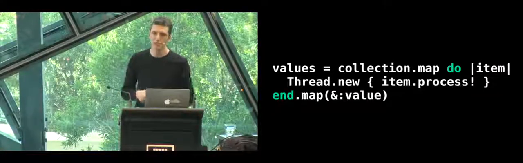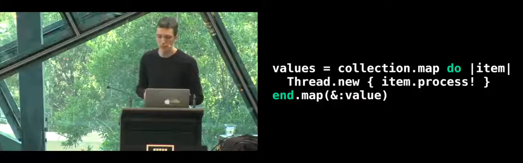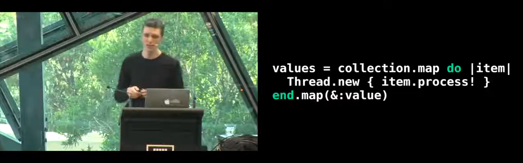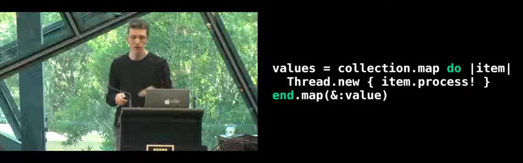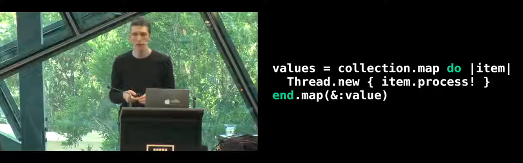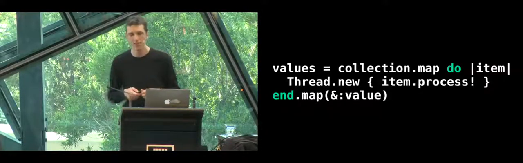And the fact that you even have to know what an OS thread or a green thread or whatever is bad. Basically all you should have to do is say something like, take this code, item.process, and parallelize it. And maybe it will do something smart, like dispatch it to a thread pool that has a fixed number of threads or something like that.